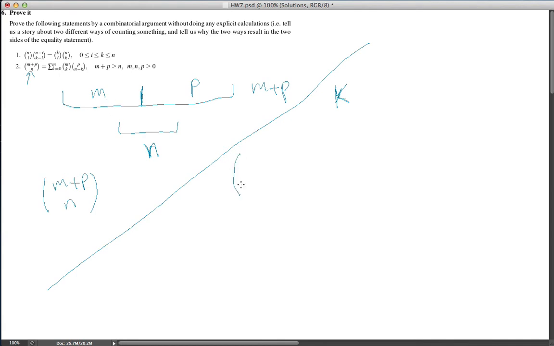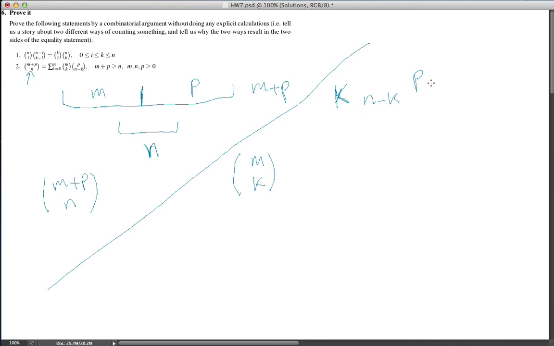So there is m choose k ways to do that, and then we have to select our remaining members from the female population. In our female population we have p different members, and how many committee members are left? Well, if we are selecting k male members, then we have to select n minus k female members, right?